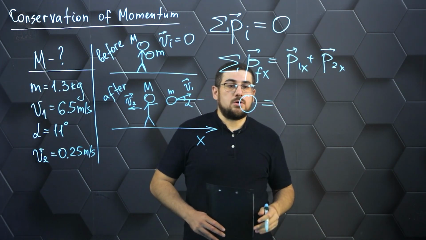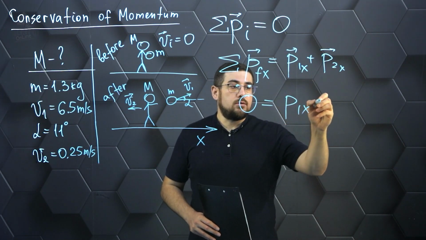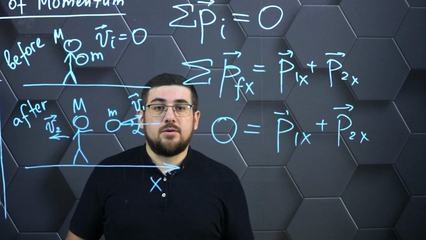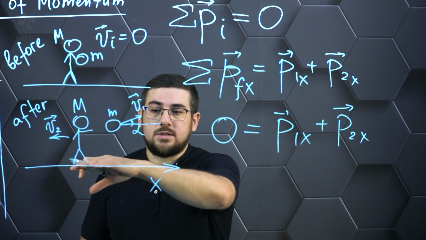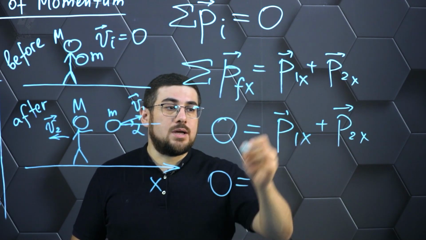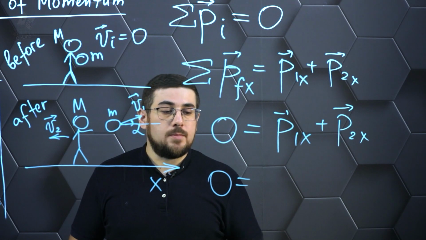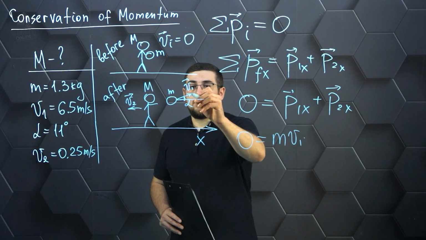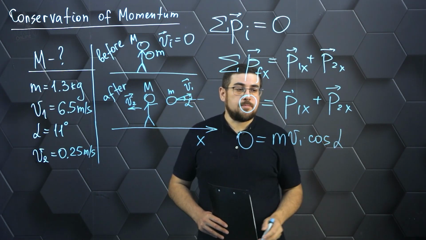So it turns out that the momentum prior to this throw will be equal to the momentum after this throw. Now, if we're talking about scalar quantities, then of course we need to take into account the direction of each momentum on the corresponding axis and calculate its component. So we get that the component of the first momentum, which is the momentum of this bag, is the product of its mass and its velocity, and, as we understand, it will be the calculation of the adjacent cathetus in this triangle, that is, by the cosine of this angle.